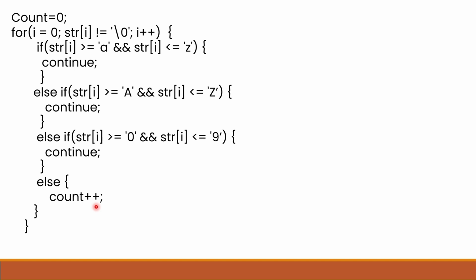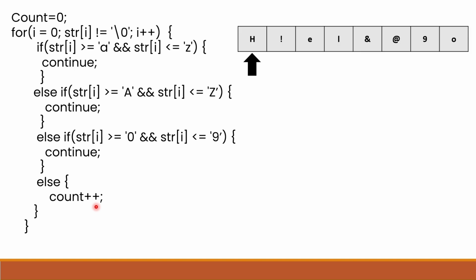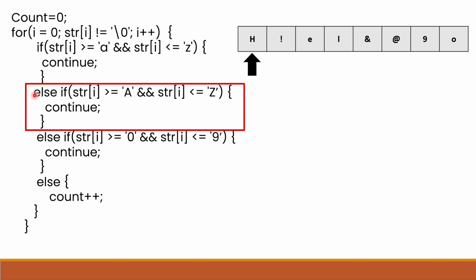So let's take an example to understand it properly. Here we have a string "H!el@9o", and let's pass through all the letters in the string and see how this happens. H is a capital letter, and so we'll go into this first if condition.